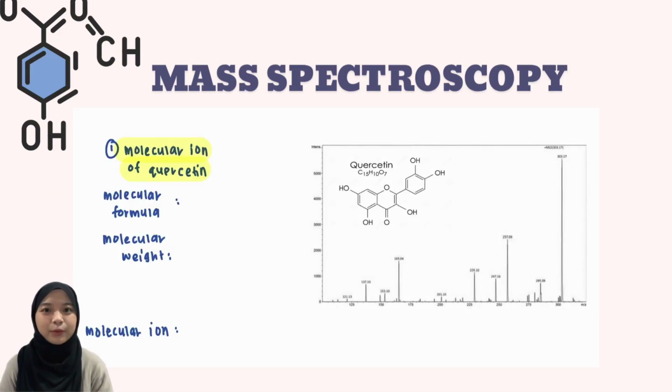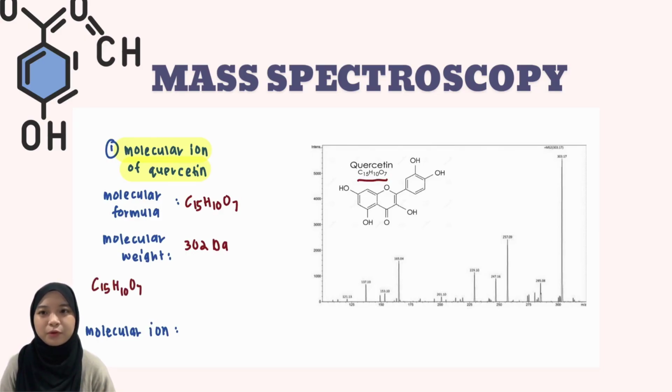Next, for question 1, I will explain the molecular ion for quercetin. Before identifying the molecular ion, we first need to know the molecular weight of quercetin. Quercetin has a molecular formula of C15H10O7 and a molecular weight of approximately 302 Dalton. In this analysis, positive electrospray ionization mass spectrometry (ESIMS) was used.